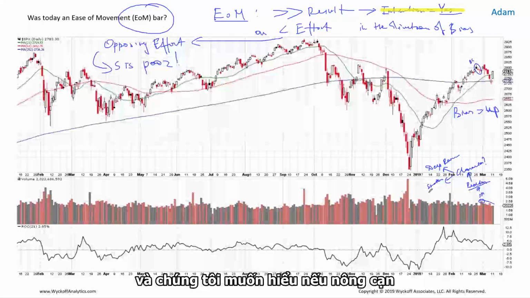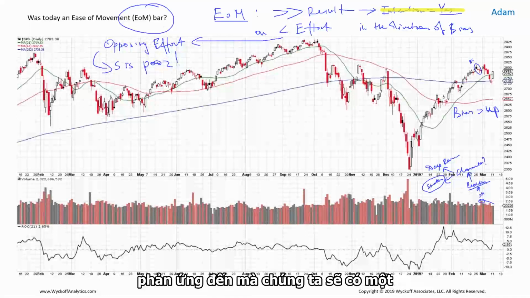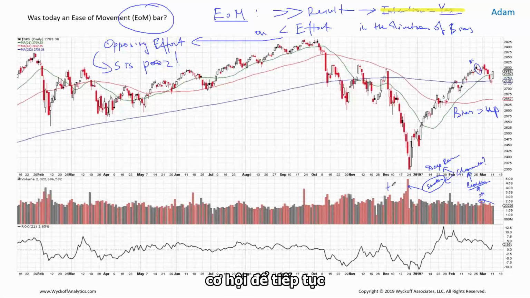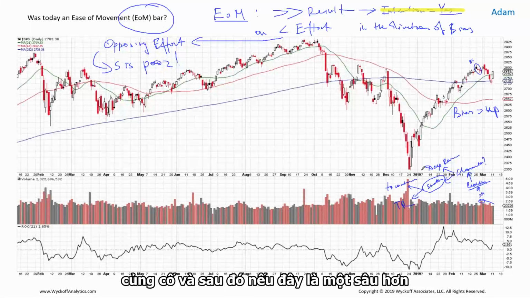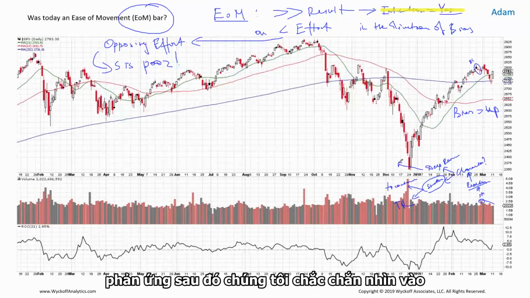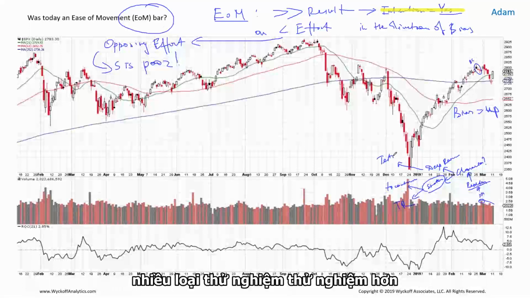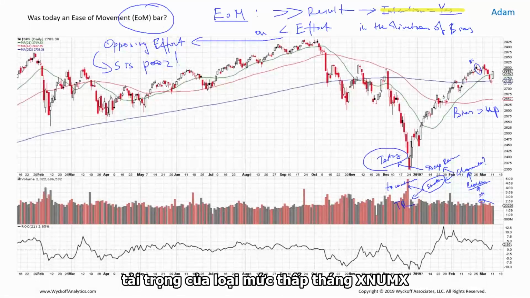And we want to understand that if the shallow reaction comes, we would have an opportunity to continue the trend. We also would have an opportunity to consolidate. And if this is a deeper reaction, then we are definitely looking at more of a testing of the lows, of the December lows type of action.